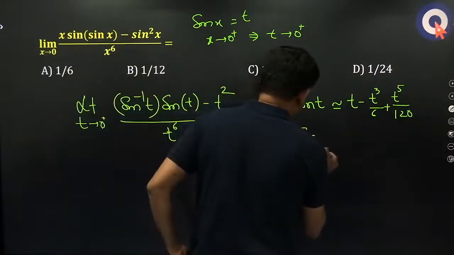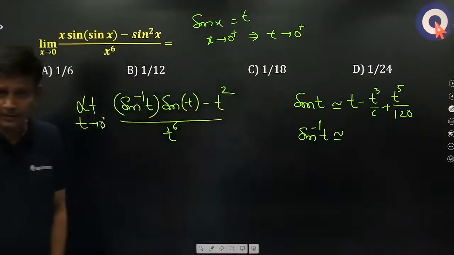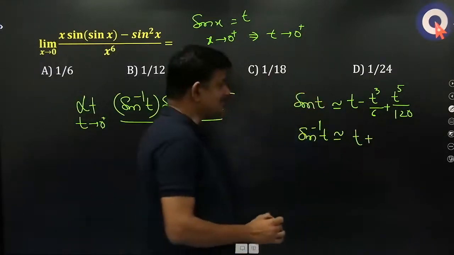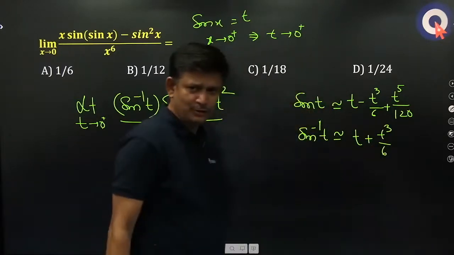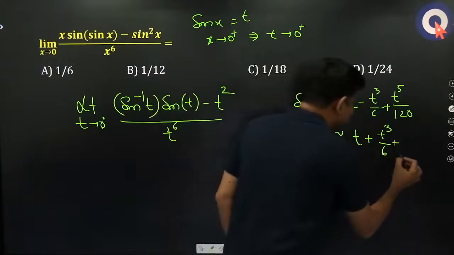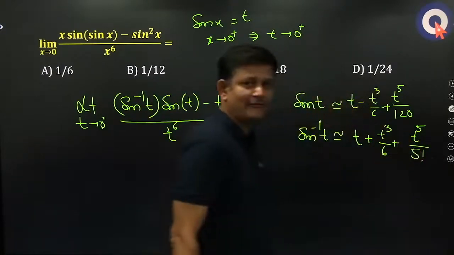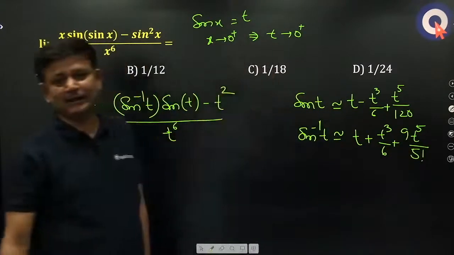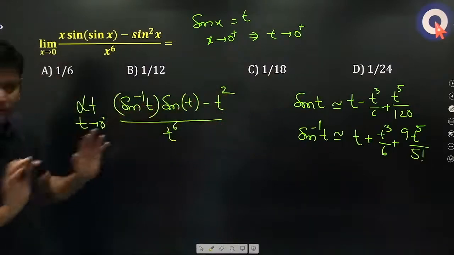Sorry, sin inverse t, what is the expansion? t plus t cube by 6, no change, plus t power 5 by 5 factorial. Additionally, you have 1 square into 3 square, that is 9 t power 5 by 5 factorial. So simply replace these two terms here and your question is solved.